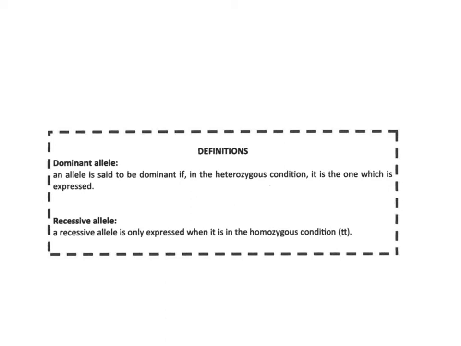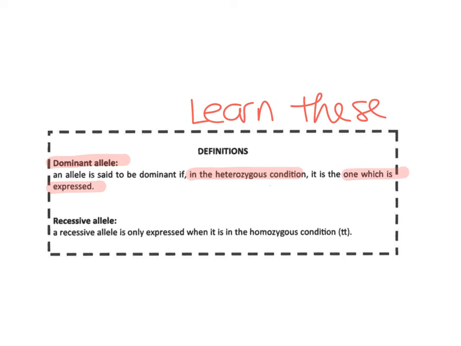On the top of page 6, just a reminder about how we write the capitals and the lowercase letters and what they mean. We've got definitions here, and you really do need to learn these. A dominant allele is one that is expressed in the heterozygous condition.